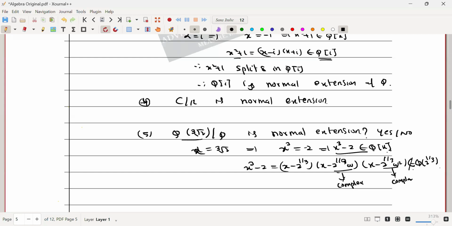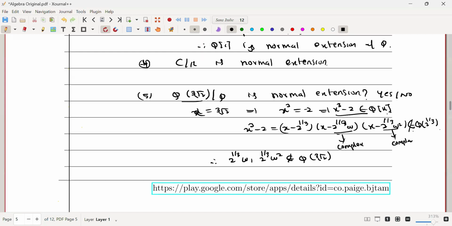Therefore 2^(1/3) omega and 2^(1/3) omega squared do not belong to Q(cubic root of 2). So all the roots of the polynomial do not belong to the extension field. Therefore it is not a normal extension, but it is a separable extension. So therefore, not normal.